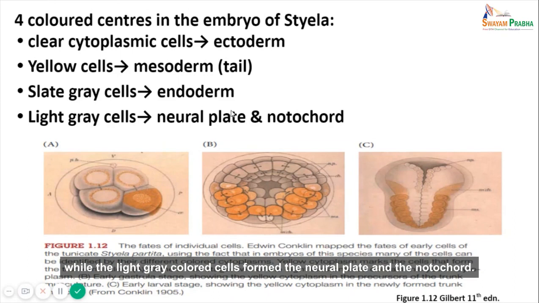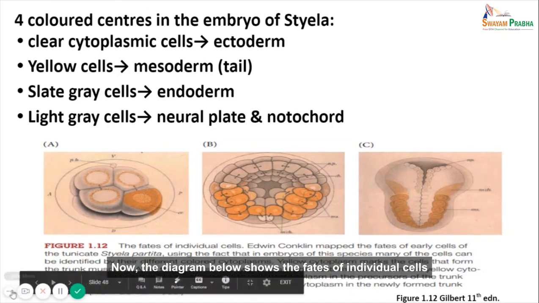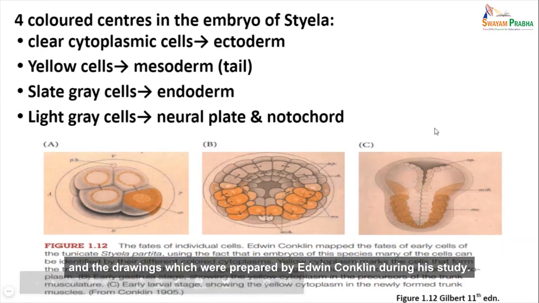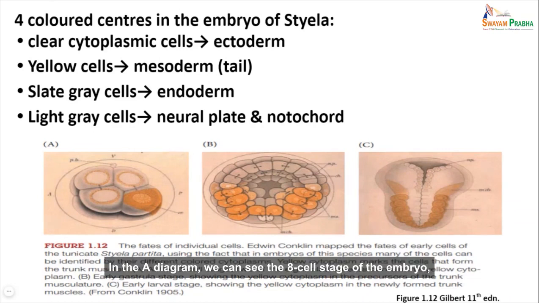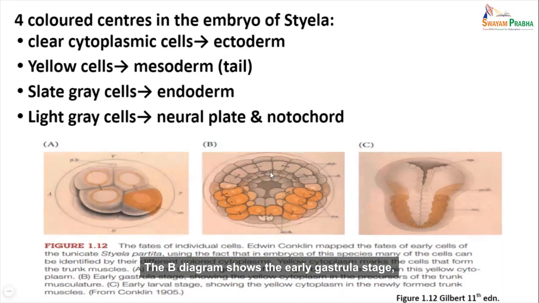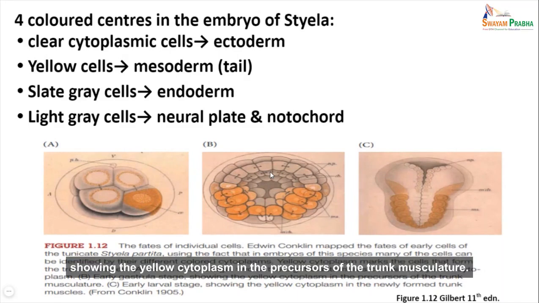Now the diagram below shows the fates of individual cells and the drawings prepared by Edward Conklin during his study. In diagram A, we can see the 8-cell stage of the embryo, where 2 of the 8 blastomeres contain the yellow cytoplasm. Diagram B shows the early gastrula stage, showing the yellow cytoplasm in the precursors of the trunk musculature.